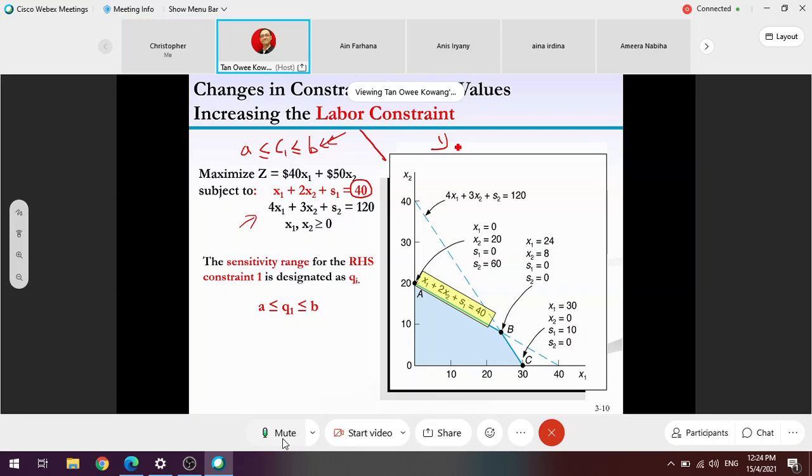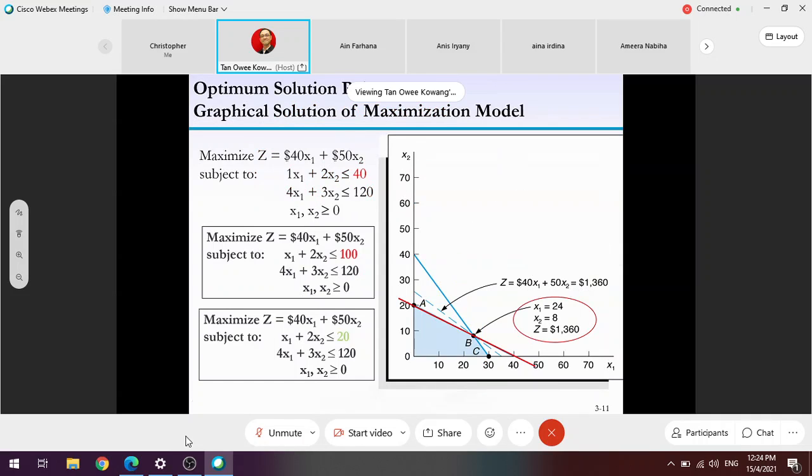Why? Because y equals mx plus c, and this is the intercept value. If you don't believe it, take a look at the next slide. Example: if we change the right-hand side value for the labor constraint to 100 or to 20, what's the impact?